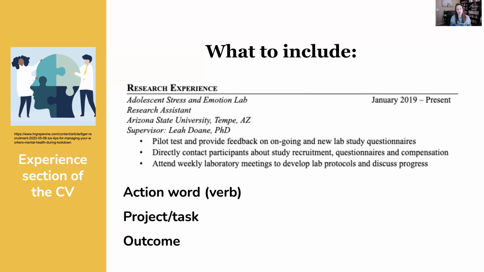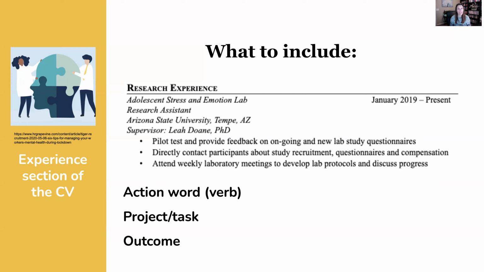Now, the next part of it, we want to have some bullet points that really give us concise statements about what you did within this role. And a really great rule of thumb to do that is to start with an action word, so a verb, right? And this is going to speak to your contribution. Then list the project or task.